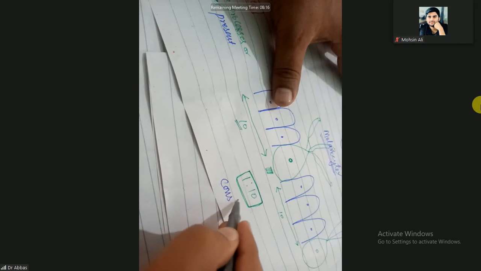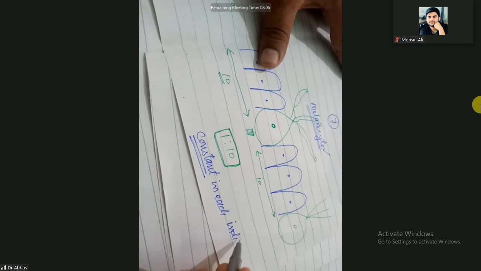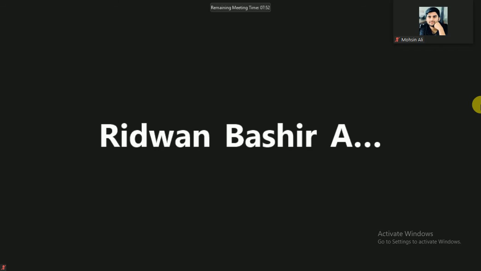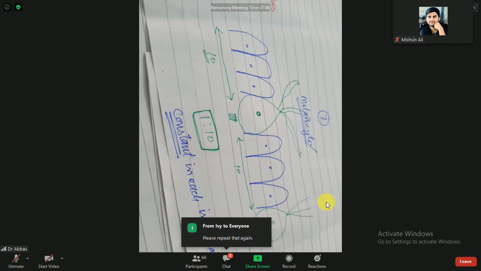So it means melanocytes are constant in each individual. It does not mean that Amjad, Stephen, Johan, all these three guys have the same number of melanocytes. Melanocytes in each individual are constant.